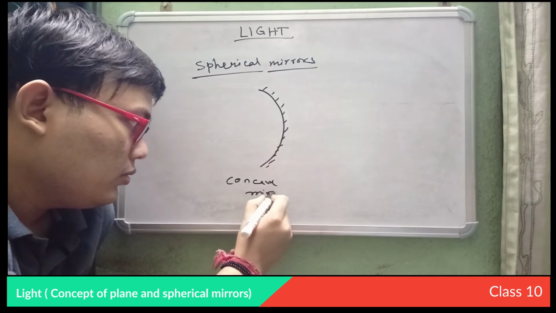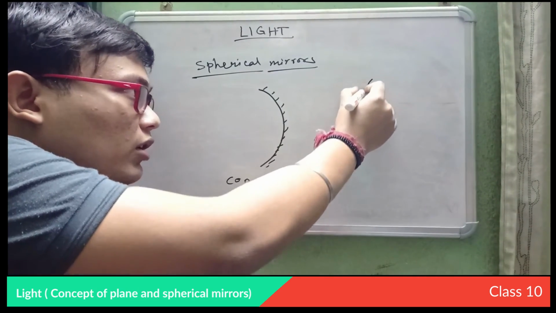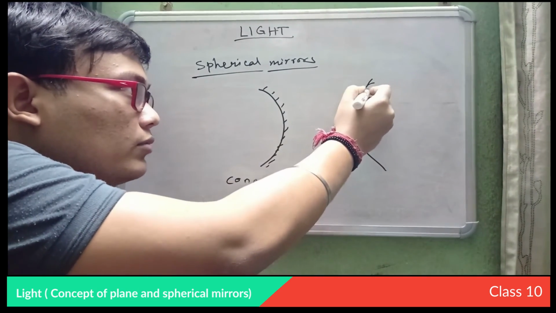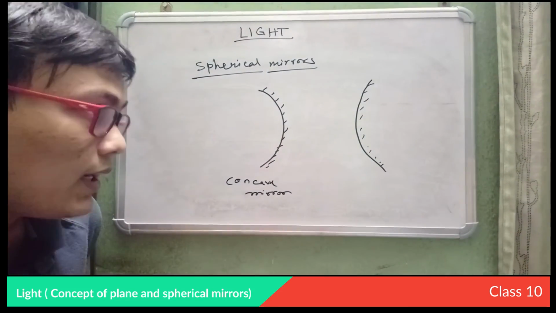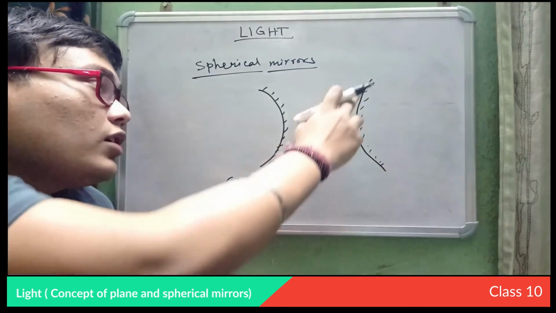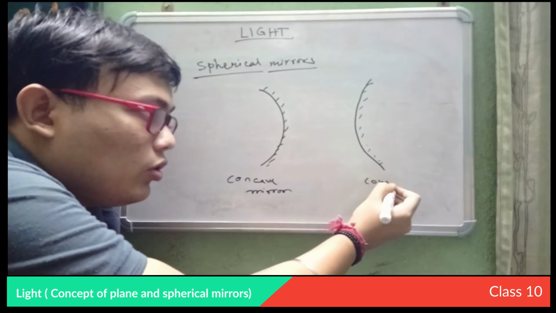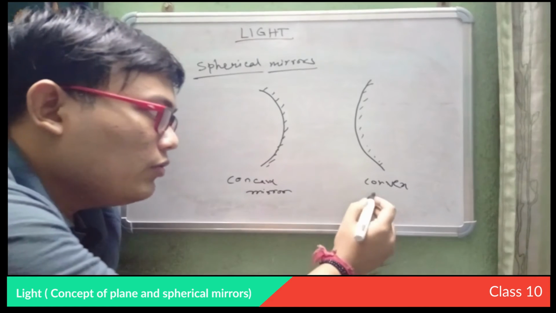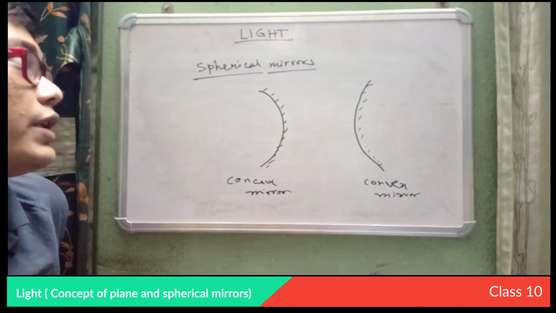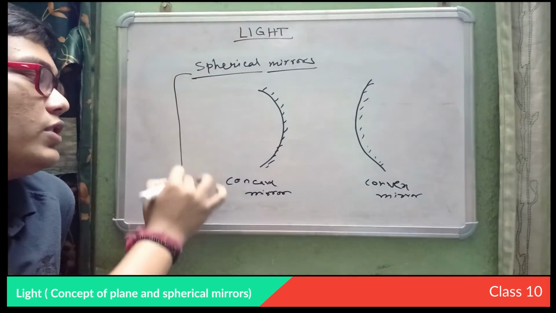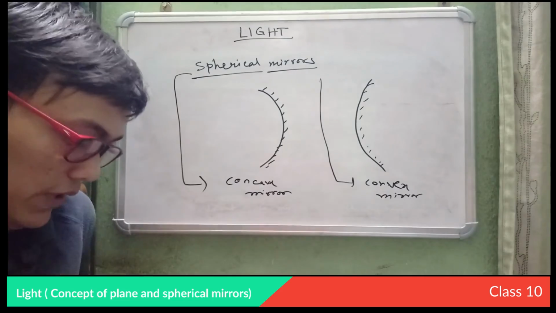And if we take the opposite, where the polish is towards the inside and the mirror is curved outwards, that type of mirror is known as a convex mirror. So there are two types of spherical mirrors: number one is the concave mirror and number two is the convex mirror.